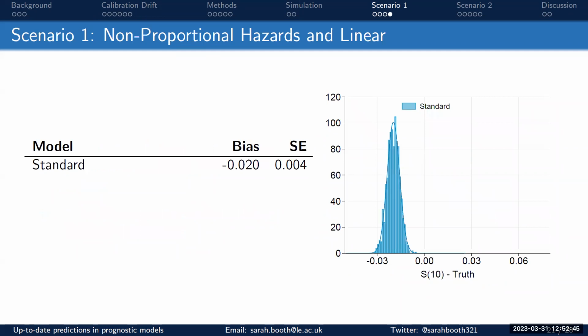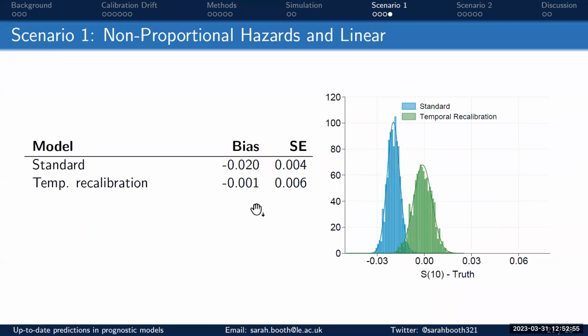And this is what we looked at when we had the results from the simulation study. So using the standard method had a bit of bias because we've not accounted for improvements in survival. If we had temporal recalibration or period analysis, we ended up with very similar results and very minimal amount of bias. So both these methods performed really well in this setting.